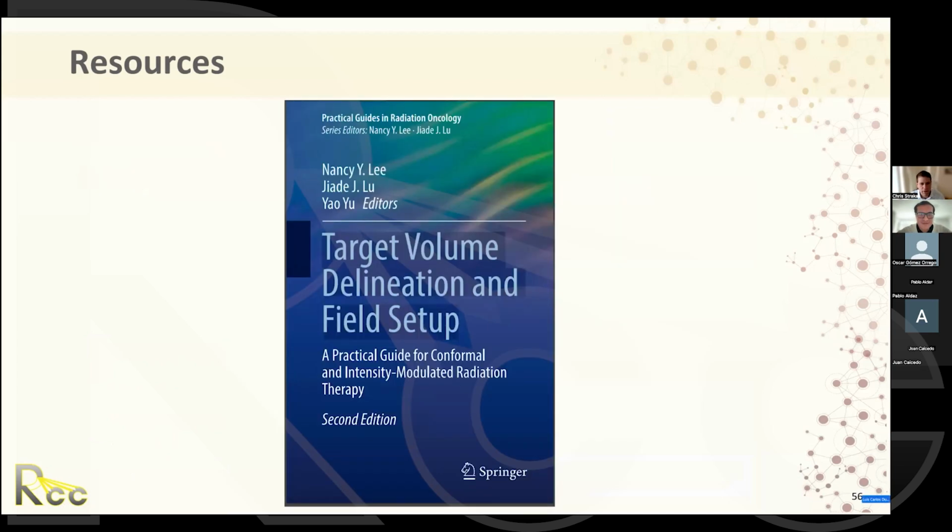And then we refer to this as the Nancy Lee book, but it's Target Volume Delineation and Field Setup for IMRT. Again, it has a wealth of information, and you're looking for the rules of how to do IMRT, particularly for head and neck, although they do actually include all commonly treated disease sites for radiation oncology.